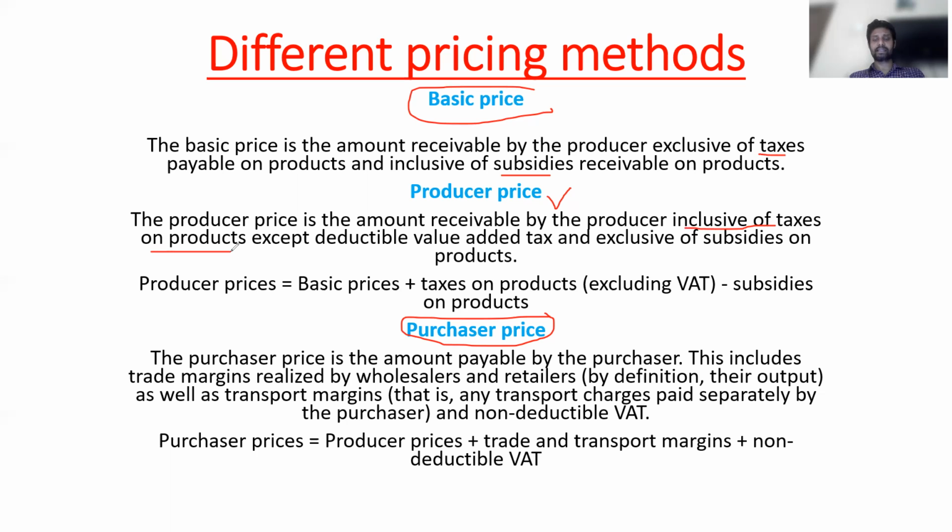Here actually there are taxes on production, except deductible VAT, and exclusive of subsidies on products. So the producer's price is the basic price plus taxes on products excluding VAT. Any other kind of taxes are added.